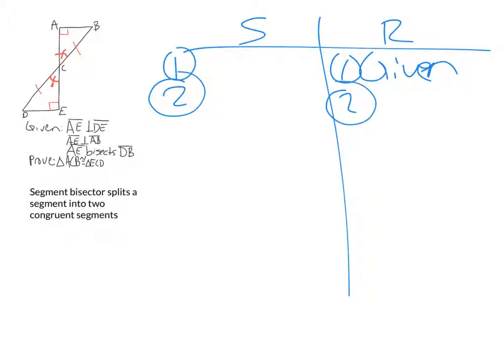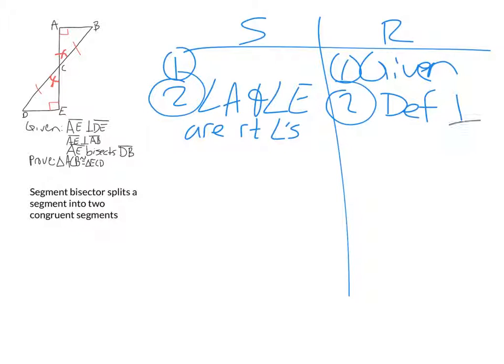So first off, I know that angle A and angle E, it's nice that I can just write those with single letters because there's no other angle with that vertex of A or E. Angle A and angle E are right angles. I know that from my definition of perpendicular. And if you forget the shorthand version, you can just say, if it's perpendicular, you get right angles. I'm totally cool with that. Okay.